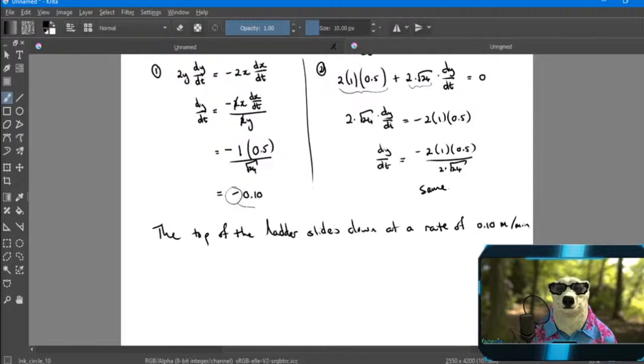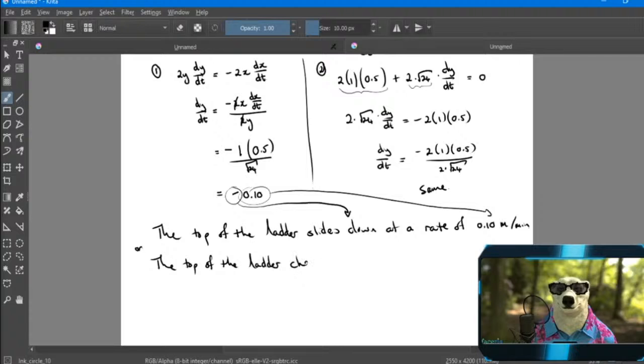So you can either separate this negative and give the appropriate word to it, and then put the number over there, or you can say the top of the ladder slides at a rate of negative 0.10 meters per minute.